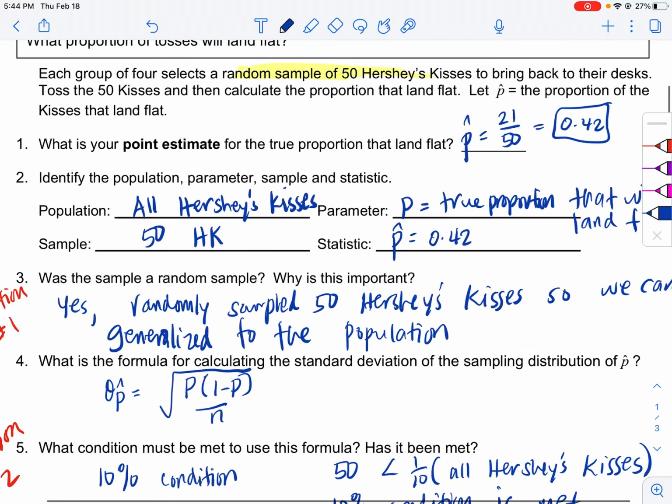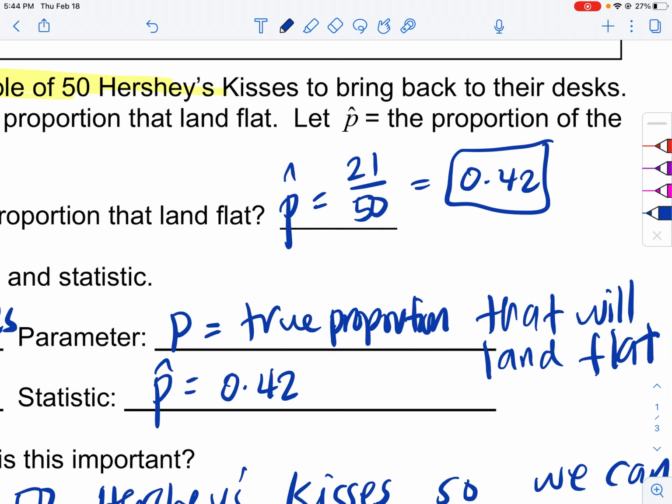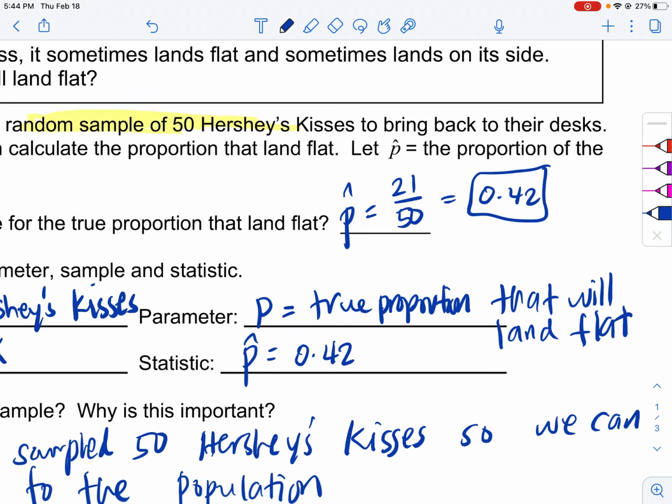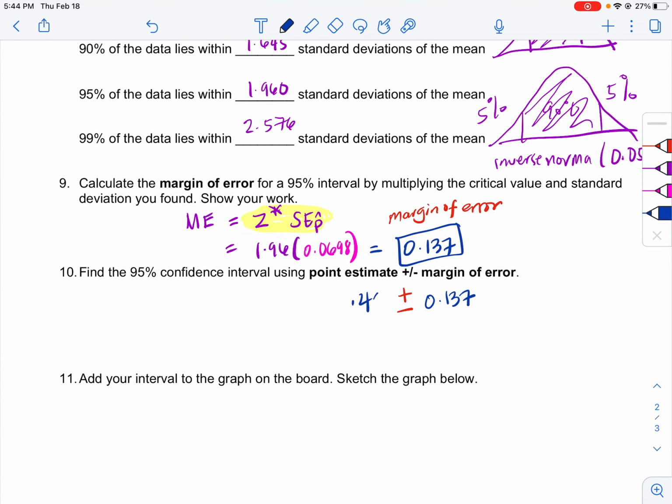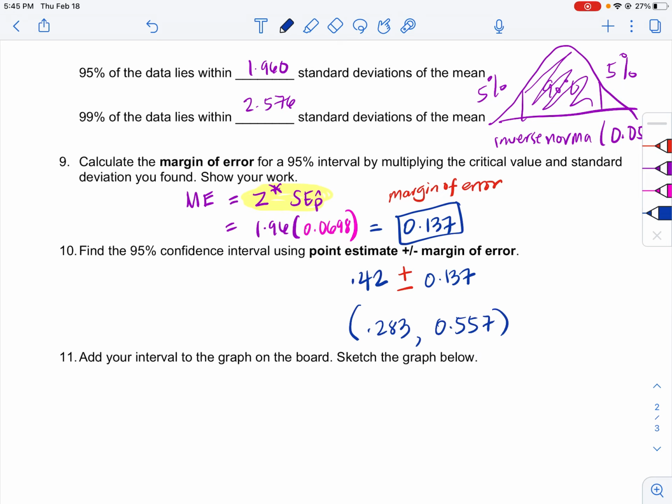Let's go back. My sample proportion that I got is 21 out of 50, which is 42%, 0.42. So I am now going to make my interval by using the sample that I have. So lower number first, 0.42 minus 0.137 is 0.283. Comma, 0.42 plus 0.137 is 0.557. This is now what we call our confidence interval.